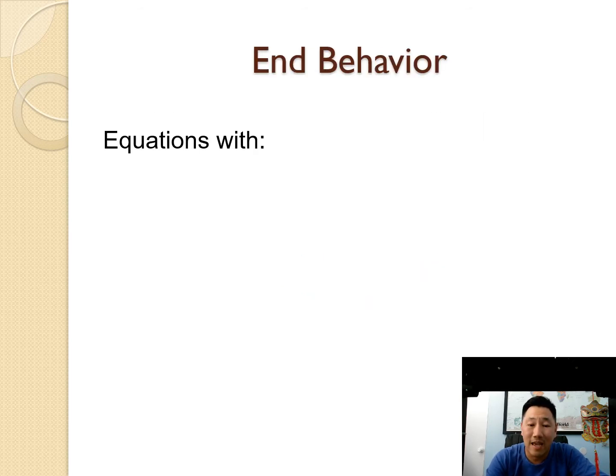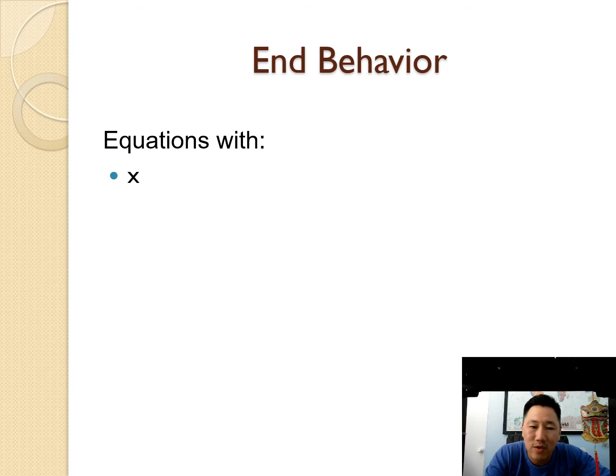Let's focus on end behavior. So now, in calculus and pre-calculus, we study things that go on forever to infinity. And so this is our introduction to what happens at the ends of these graphs. What happens in the negative infinity and in the positive infinity. Like, for example, in Algebra 1, you studied equations with x's in them.